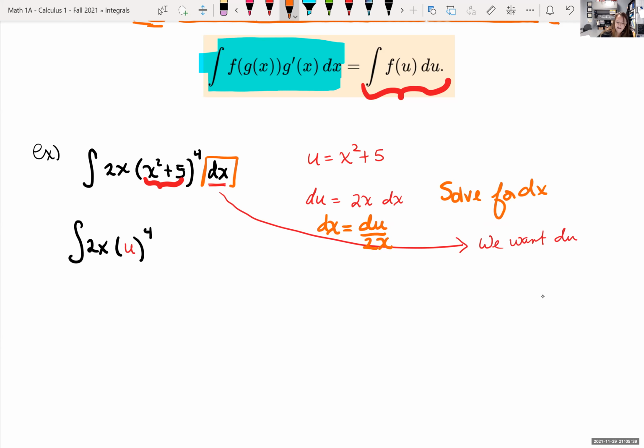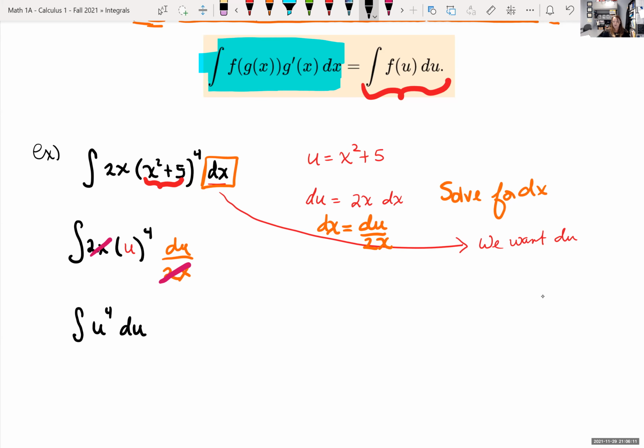So instead of writing dx, we're going to rewrite it as du over 2x. If you chose the correct thing for your u, then this should cancel out. There are a couple cases where it doesn't, but I'll show you where we can manipulate it so it works out. So notice this 2x cancels, and we're left with the integral of u to the 4th du.